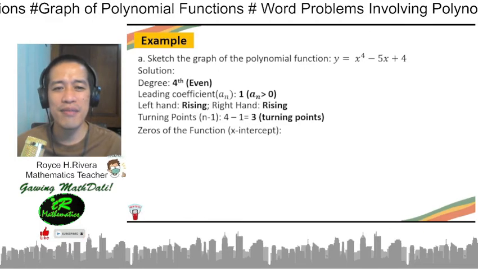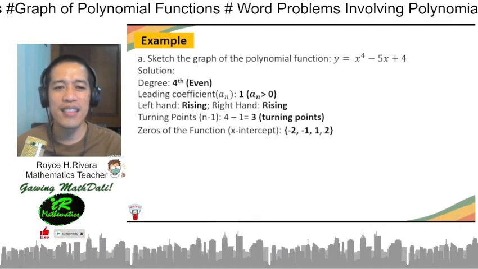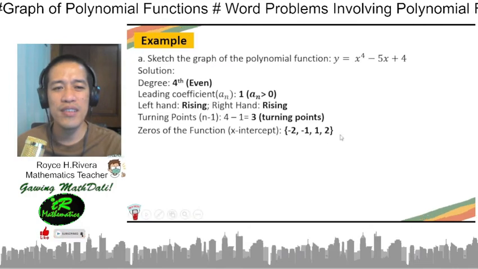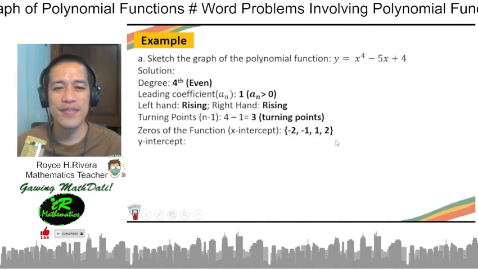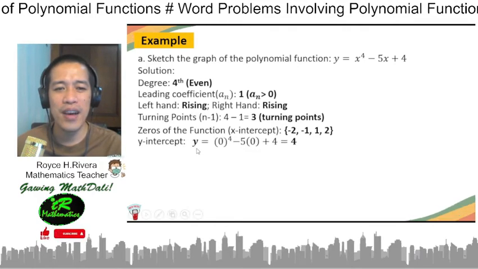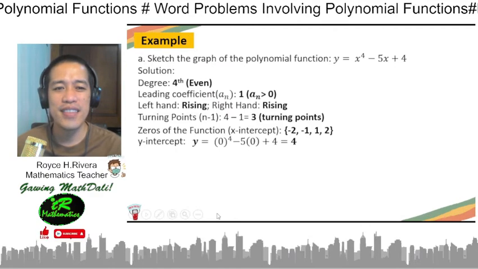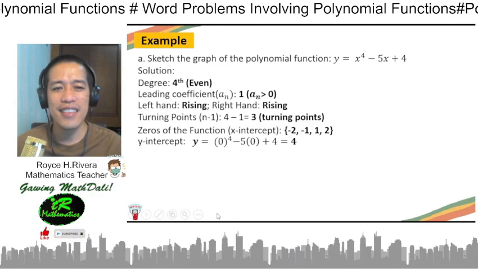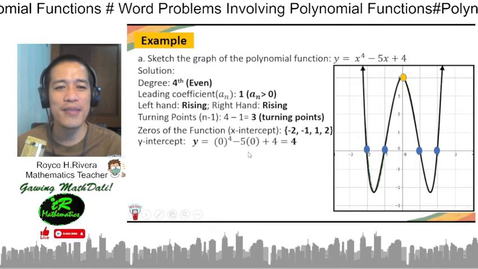For the zeros of the function, we will get negative 2, negative 1, 1, and 2. For the y-intercept, we will obtain y equals 4. And here is the graph of the given polynomial function.